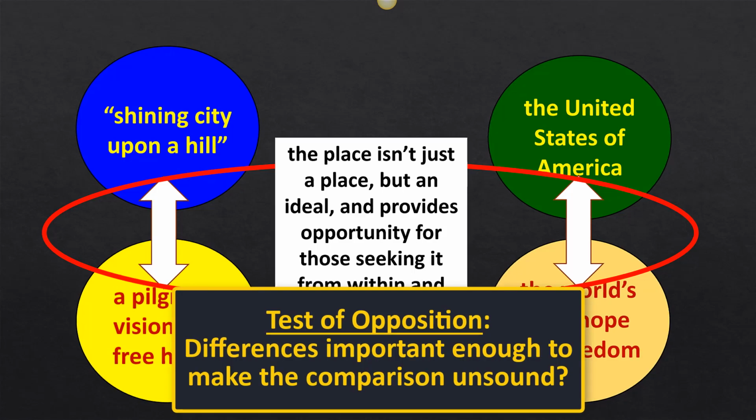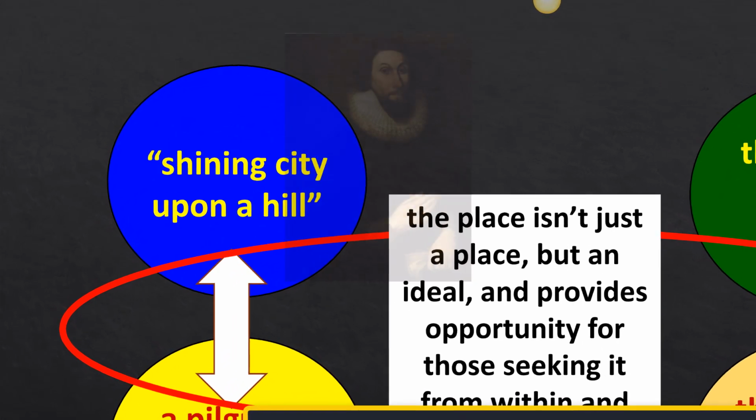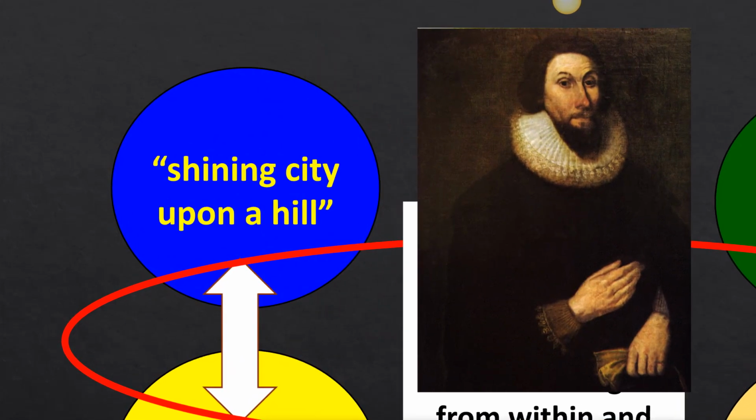However, if you're familiar with your rhetorical history, you might know that when John Winthrop is talking about the shining city upon a hill back during the days of the Pilgrims, first of all, fun fact, he never used the word shining. He just referred to the new world of the Pilgrims as a city upon a hill.